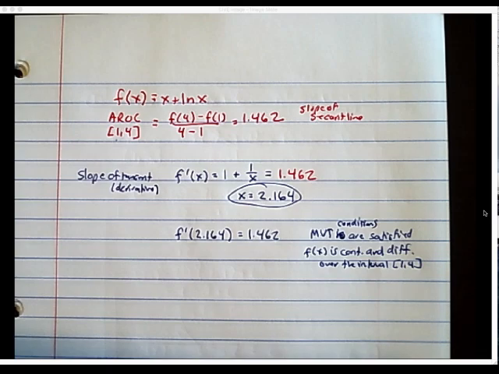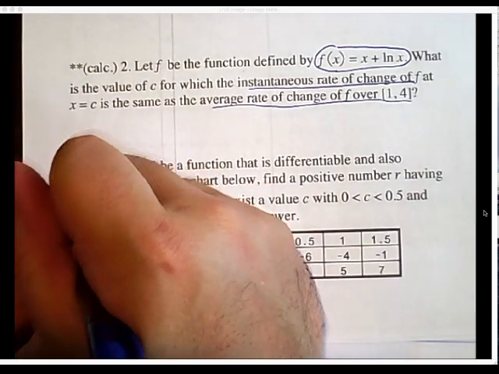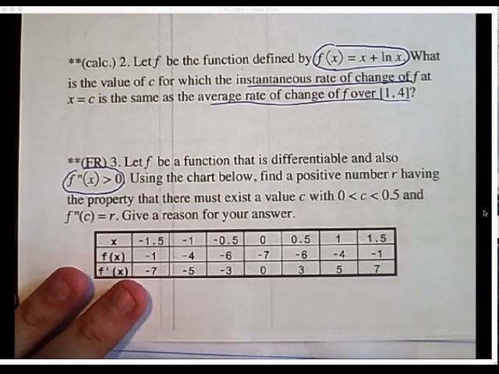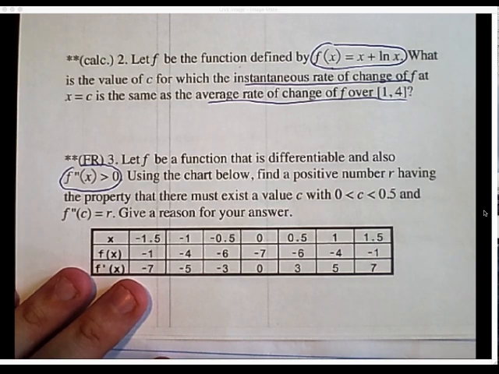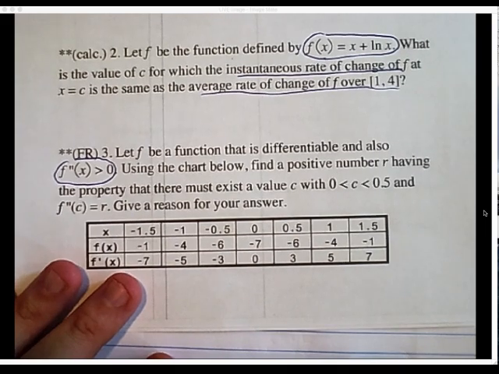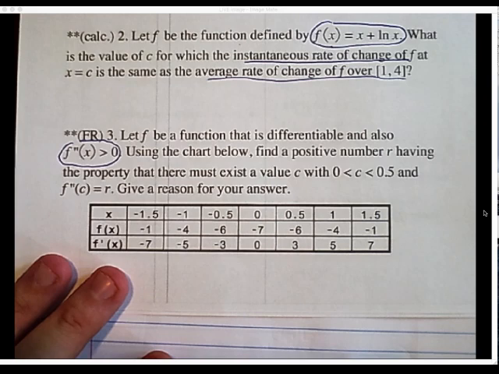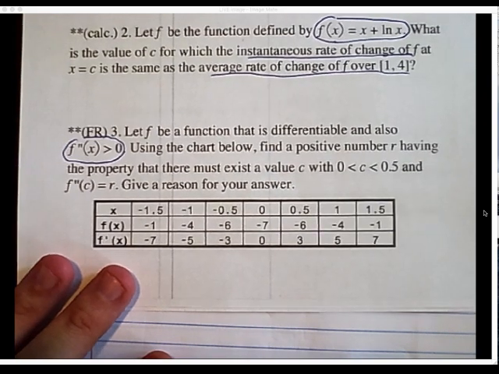All right, let's look at the last question. It says, let f be a function that is differentiable and also the second derivative is greater than 0. Using the chart below, find a positive number r having the property that there must exist a value of c between 0 and 1/2 such that f double prime of c equals r.